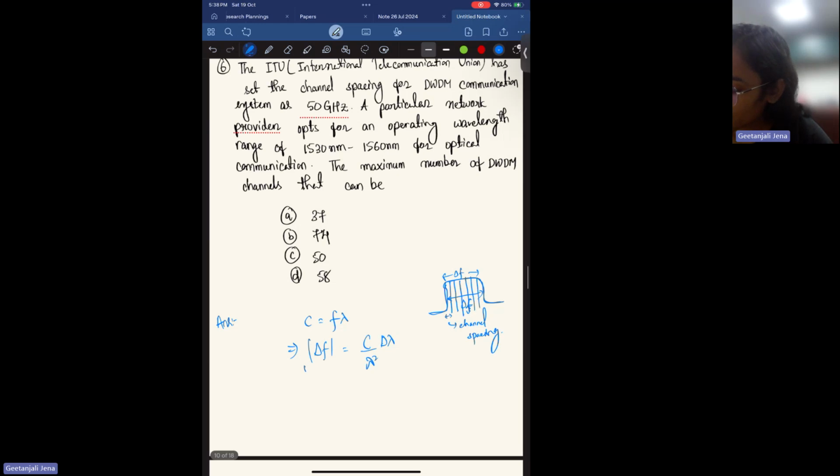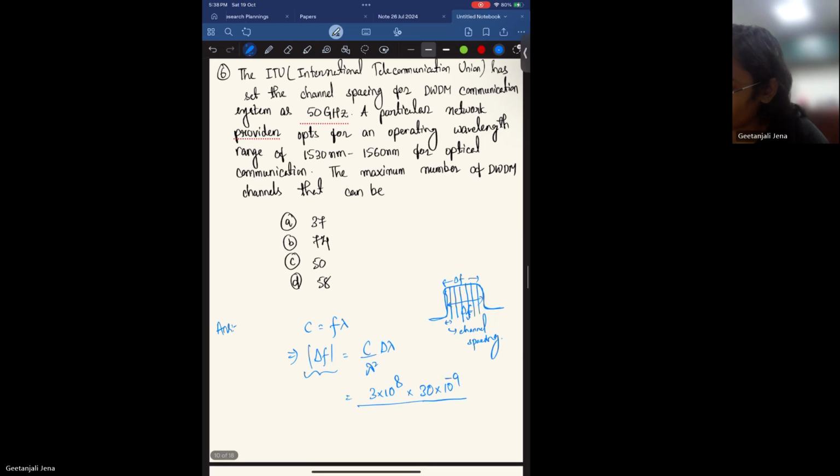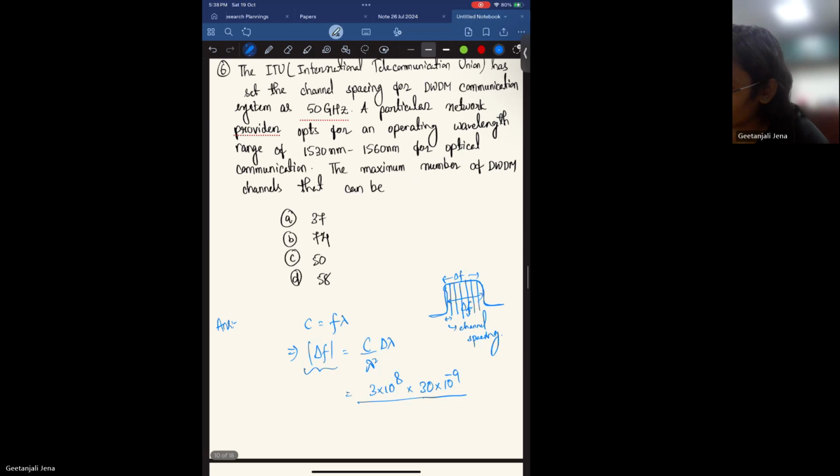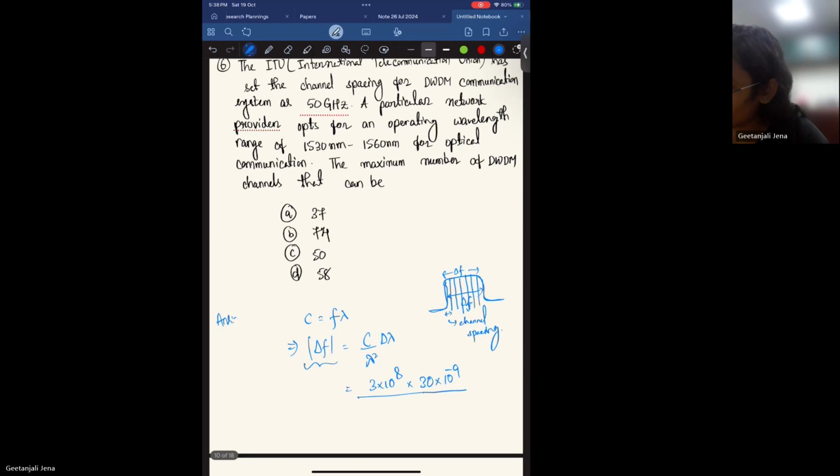So first you need to find out delta F. This is 3 into 10 to the power 8, and delta lambda you can get from the wavelength range, which is given.